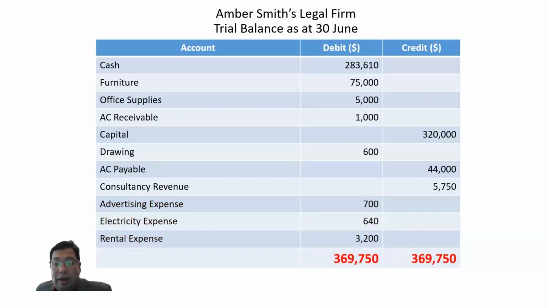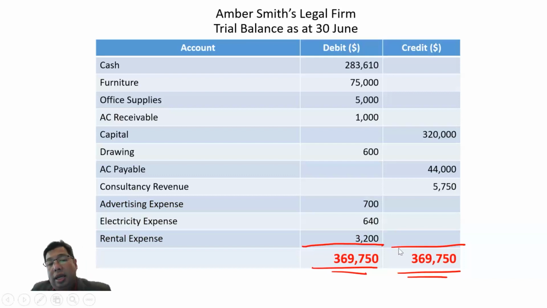Your total debit is 369,750, and total credit is also 369,750. So that is the process of closing the accounts and then transferring to the trial balance. Hope you can understand, and please do a lot of exercises.